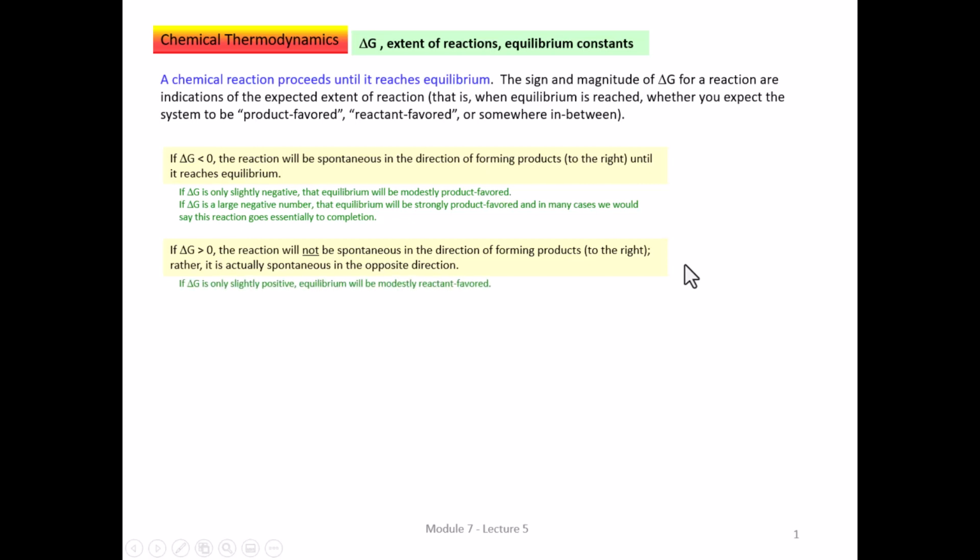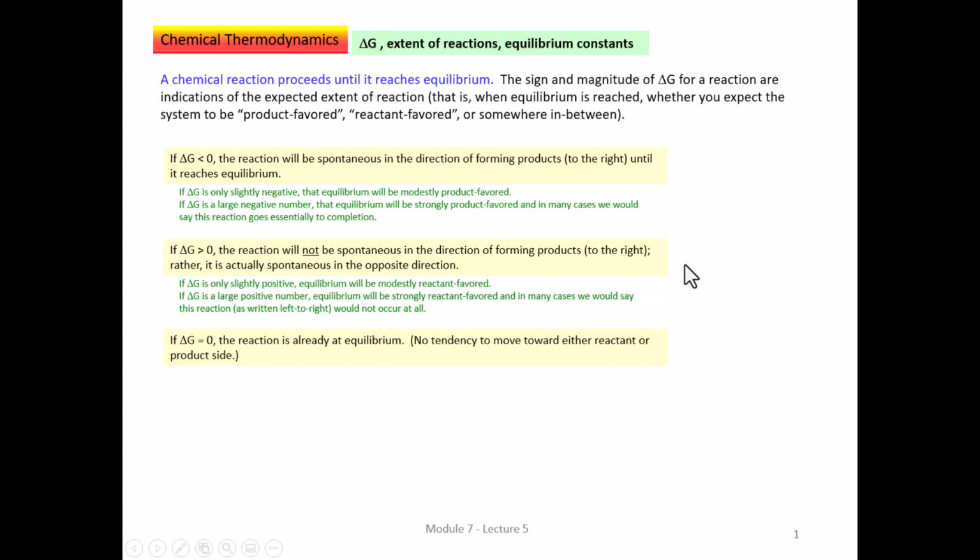If that deltaG is only slightly positive, we'd say that when equilibrium is reached, that equilibrium will just be modestly reactant favored. If it's very large and positive, it's so strongly reactant favored that in a lot of cases you could just say, look, the reaction as written from left to right just didn't go at all.